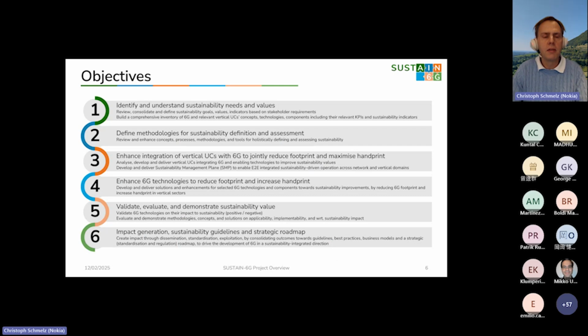But looking at that, we get the key objectives for the project. So just a quick repetition of what was on the previous slide, and understanding really what these sustainability needs and values are. So that's not only looking within the consortium, so really reaching out there.